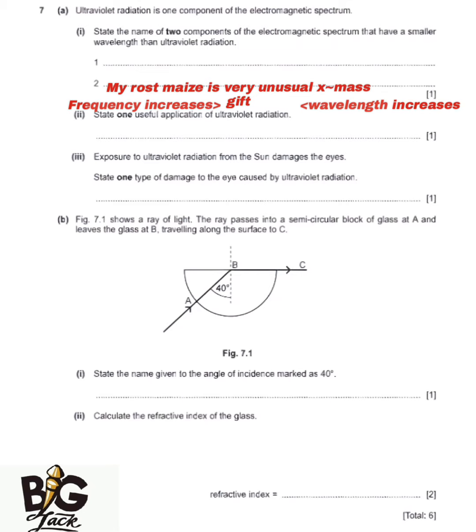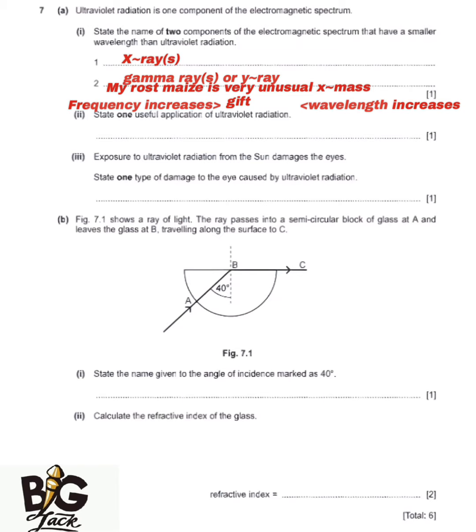The ultraviolet, which means the X-mas and the gift here are the only two components which have smaller wavelength than ultraviolet radiation. X-mas is representing the X-rays, and gift is representing the gamma radiation or gamma rays. So those are the two answers for Roman numeral number 1.